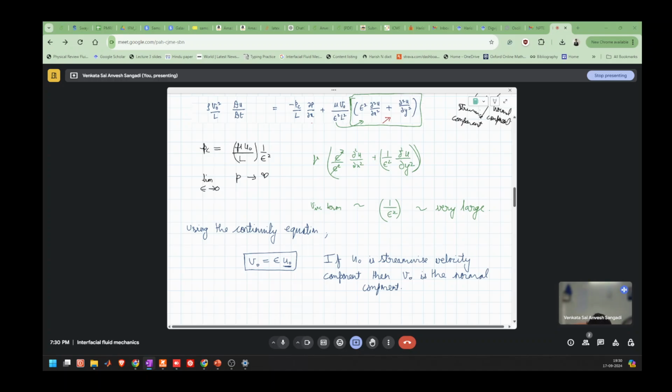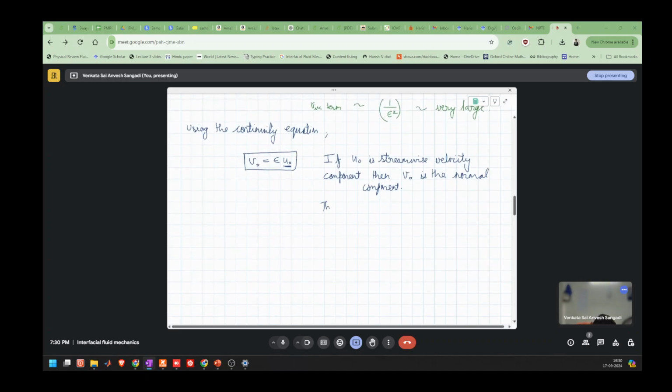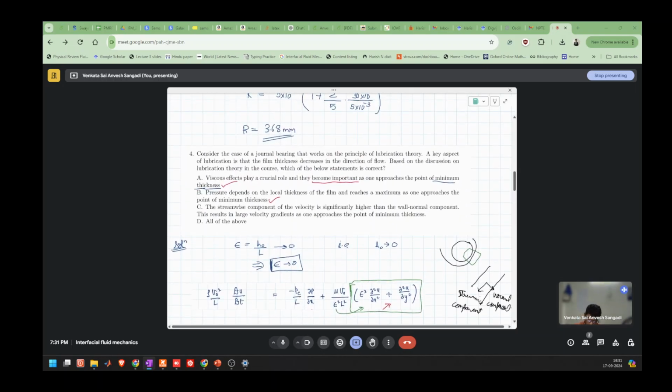Then as epsilon goes to 0, v naught also goes to 0. So all of the three options here are correct. Then the correct option is option D.